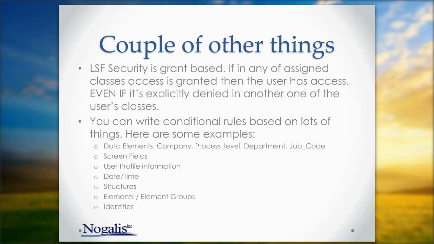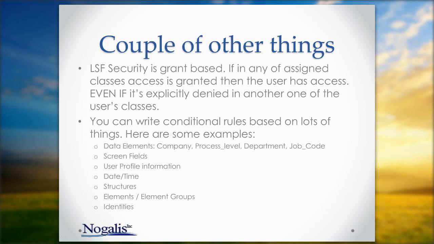I'll give you an example. I could give you access to HR 11 through a class that's assigned to a role that's assigned to you. In a whole different class, I might create a class called Deny HR 11 Access, and I can go in there, select HR 11, and say Deny All Access. I can assign that to you, thinking that I've just denied you all access to HR 11 through Lawson security.